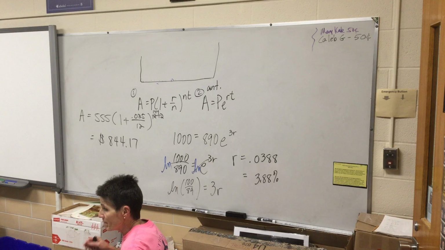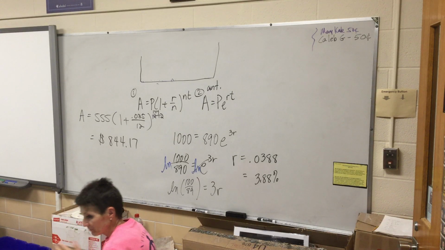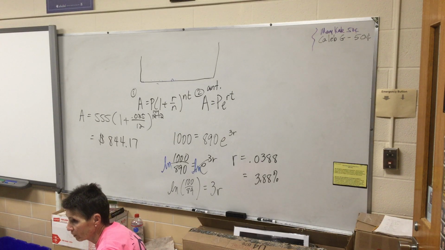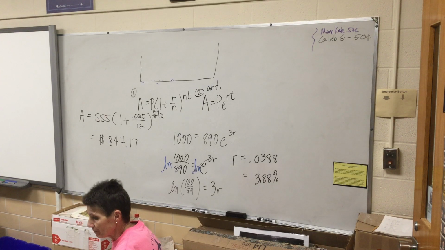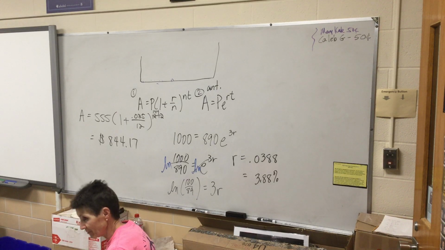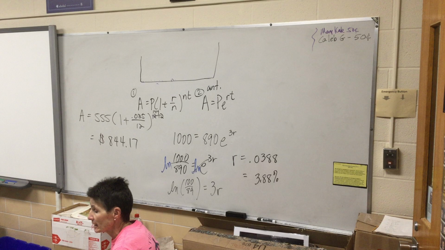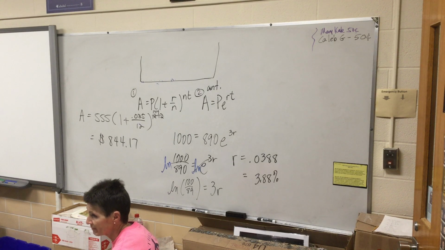If you are making payments saving for the future, you use the future value formula. If you are making payments to pay something off, like a car payment, a mortgage payment, a Visa card payment, you use present value.